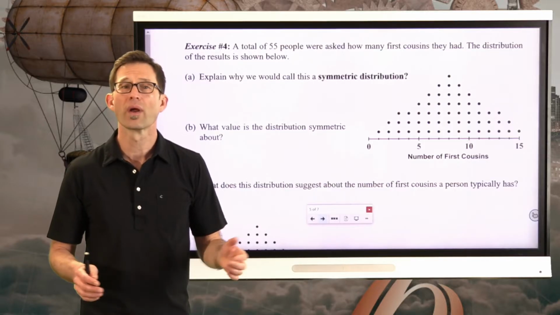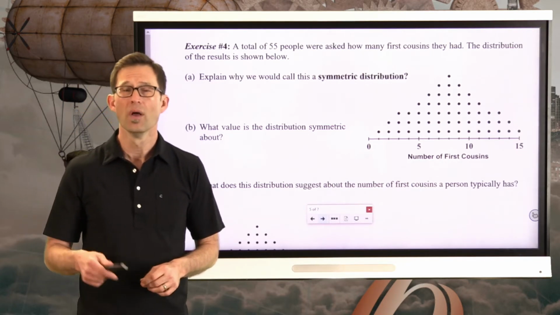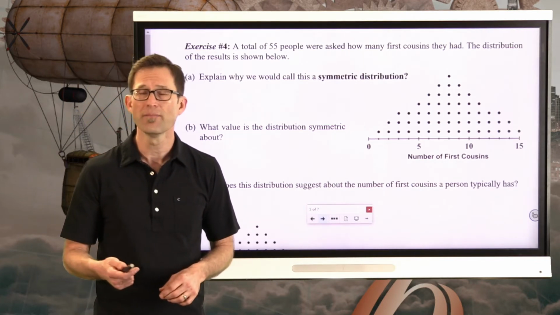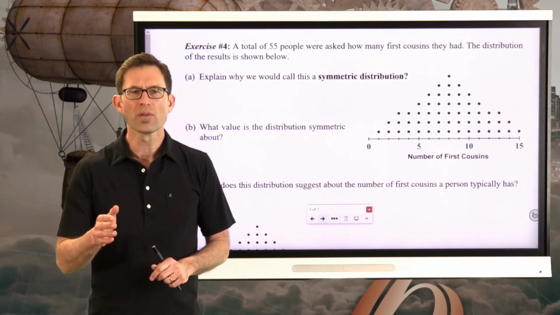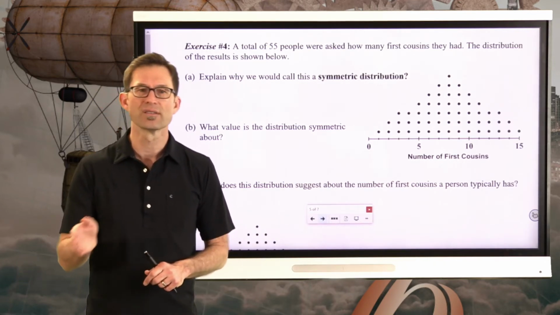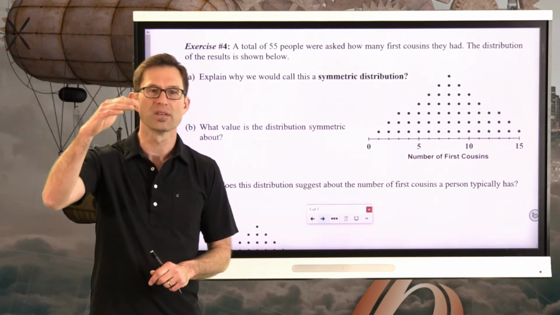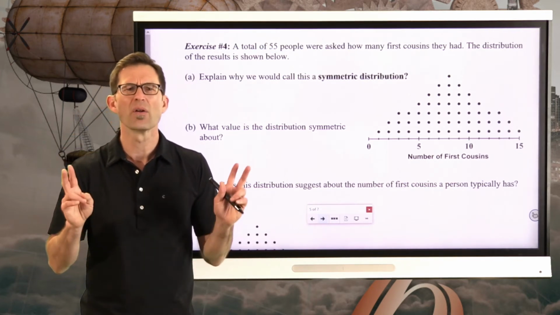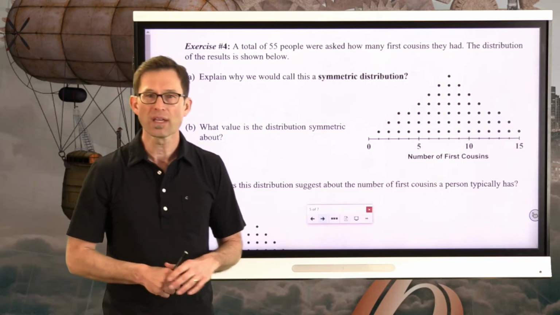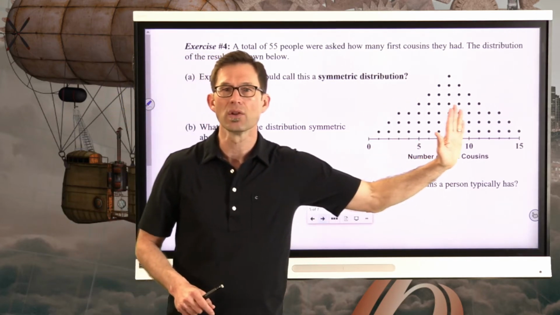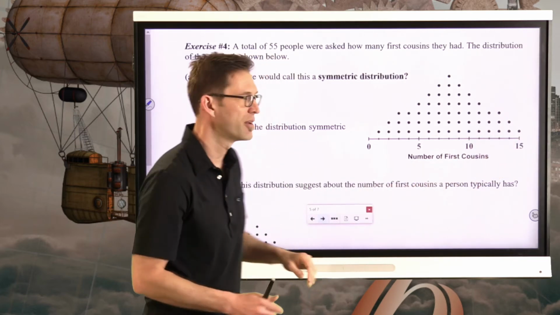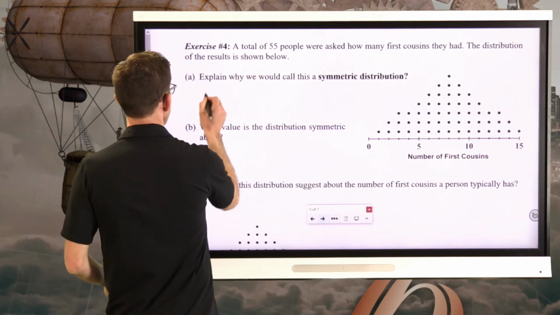Well, you've played around a little bit with symmetric things and symmetry, right? Symmetry really means, in a very basic way, that something looks the same on the left as it does on the right, or on the top as it does on the bottom. It's about how it looks. In particular, the left-hand side of this distribution basically looks just like the right-hand side. And that's what it means to be symmetric.